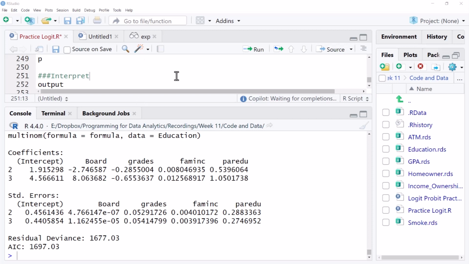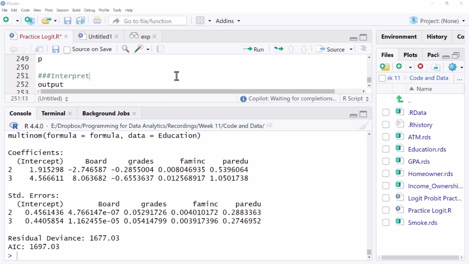For parents' education, which is quite a big variable, if your parents have a master's degree, the odds of going ahead with the 3-year program increase by 53%, and the odds increase by almost 105% in favor of the 4-year program as against no undergrad.